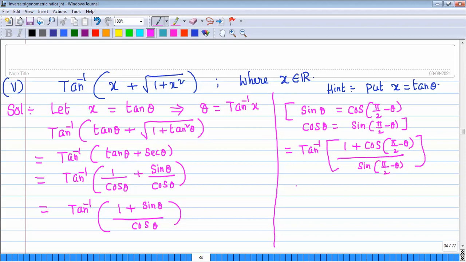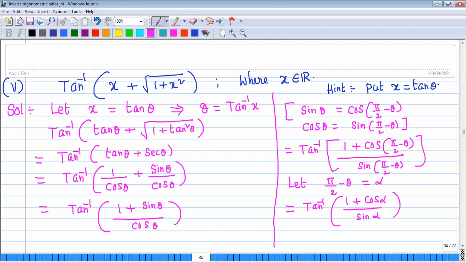Once again, let us say pi by 2 minus theta is equal to alpha. This is tan inverse of 1 plus cos alpha by sin alpha. Already we have done 1 plus cos alpha is equal to 2 cos square alpha by 2, and sin alpha is equal to 2 sin alpha by 2 cos alpha by 2. Write down and simplify. After that, alpha is replaced by pi by 2 minus theta, and theta is replaced by tan inverse x. Then you will get the answer.